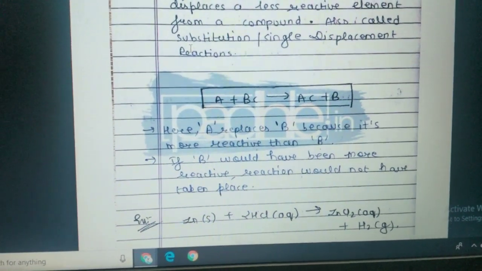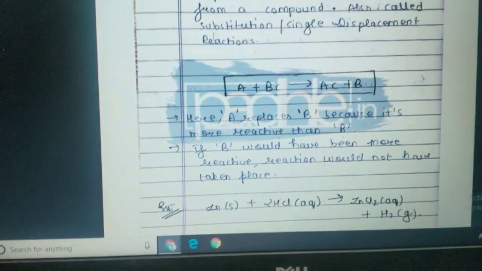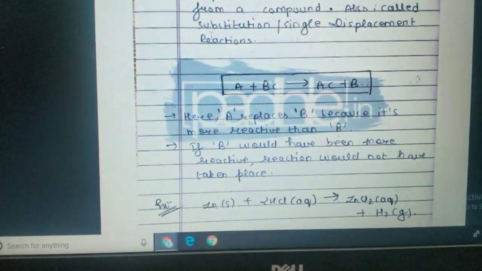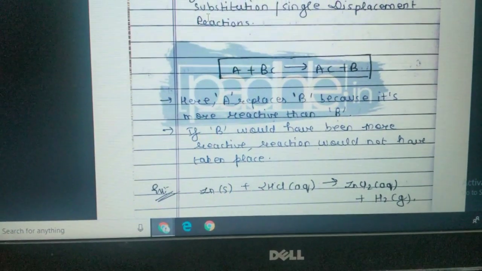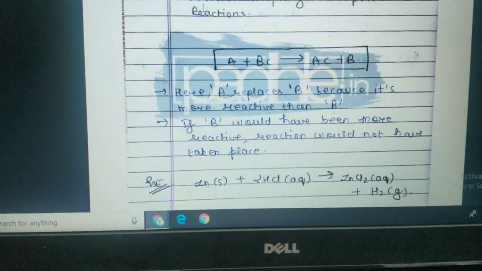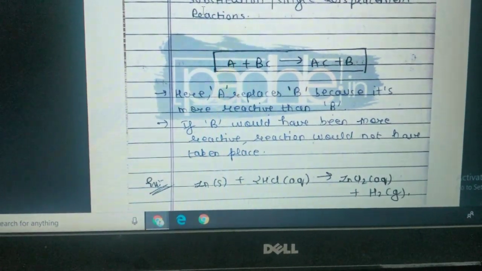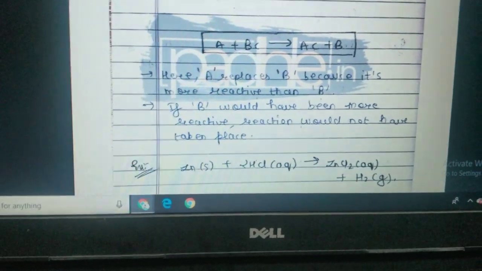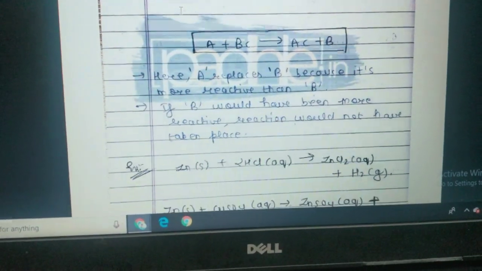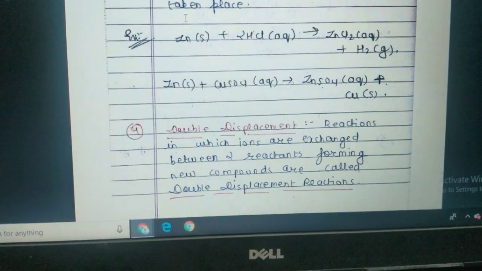For example, A plus BC gives AC plus B. Here A replaces B because it's more reactive than B. If B would have been more reactive, the reaction would not have taken place. Here you can see these two examples.